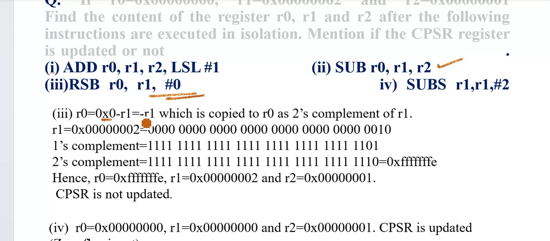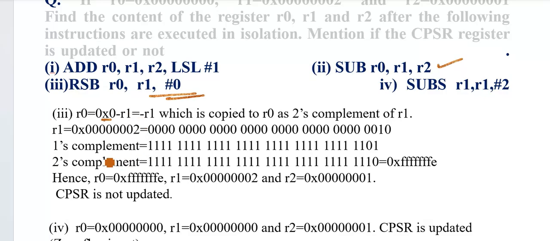So 0 minus R1 is nothing but minus R1, which is the 2's complement of R1. In all microcontrollers and microprocessors, negative numbers are stored in 2's complement, so you have to write the 2's complement of this.